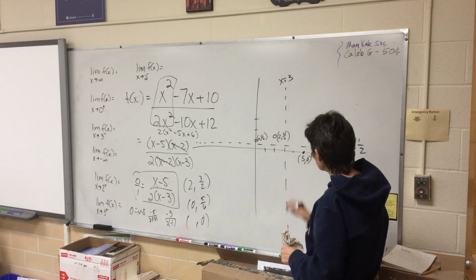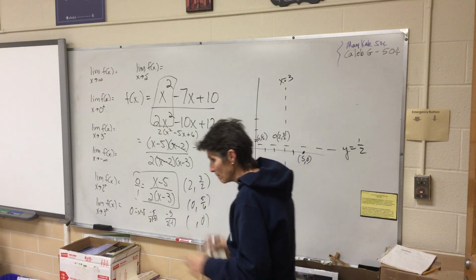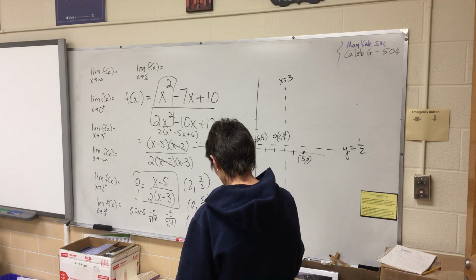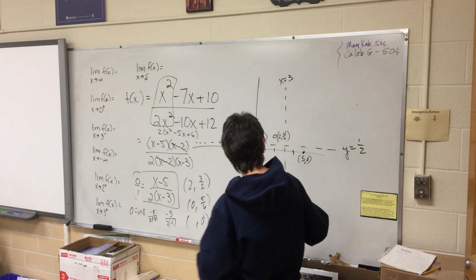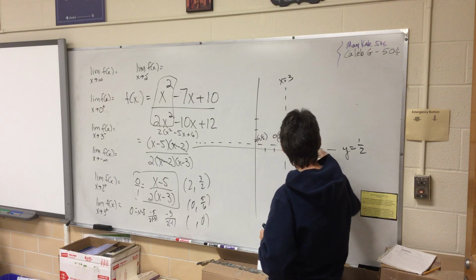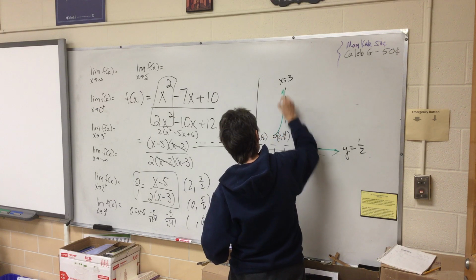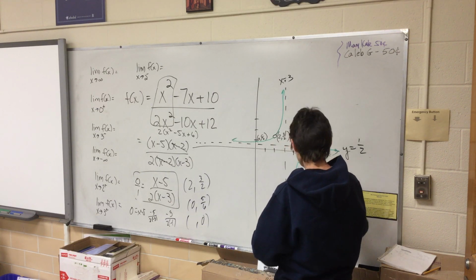Now, does anybody have a question about any of that? That's all of the big stuff. Well, can you draw your picture then based on that? How's that look? Is that what yours looks like?